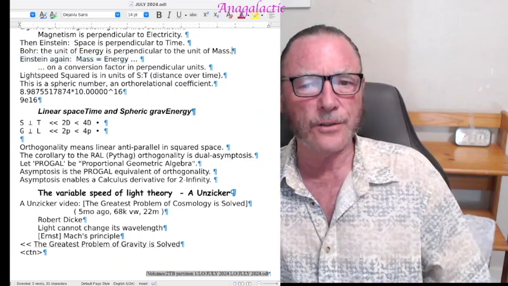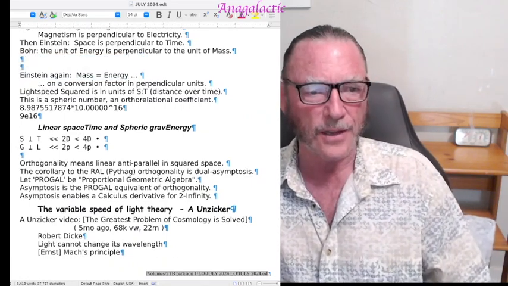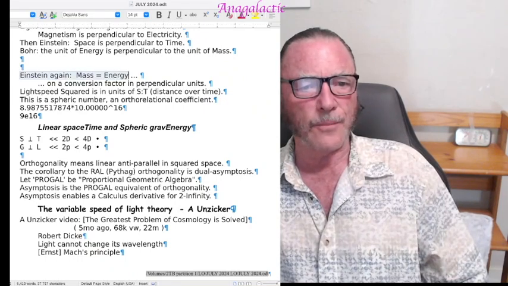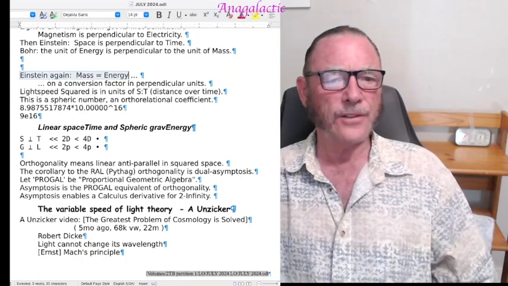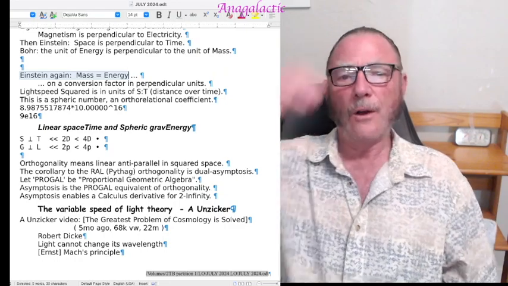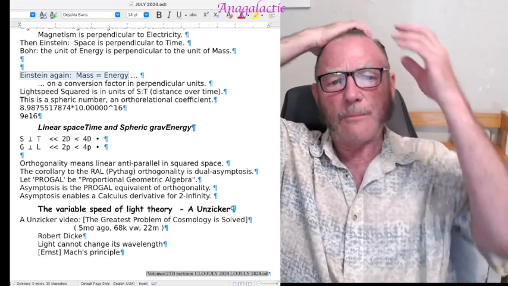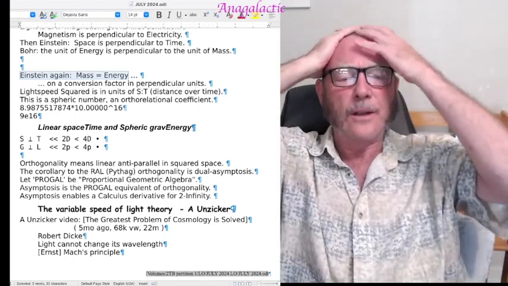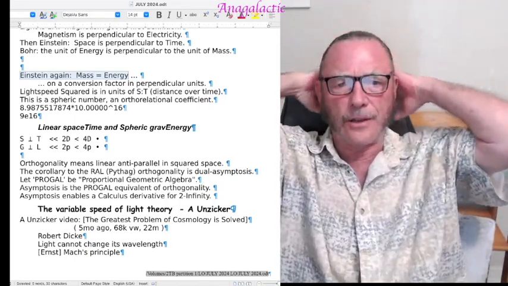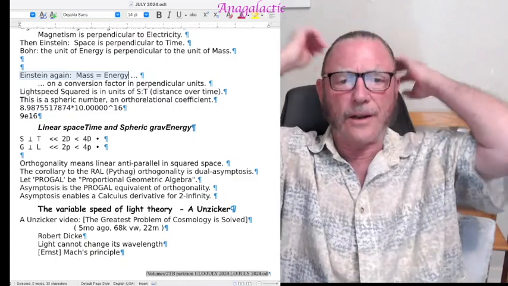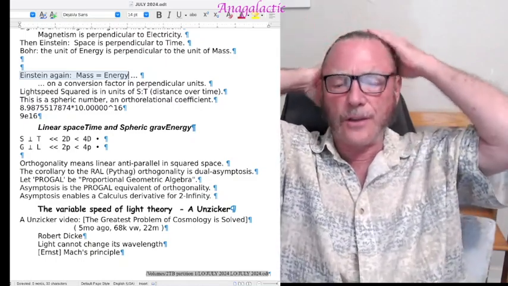Now we switch gears a little bit. Einstein had something else to say. Mass is equivalent to energy. Well, you know there's a missing coefficient, right? You can say that mass is equivalent to energy, that is, mass equals energy. But it equals it on a conversion factor because you need the units.